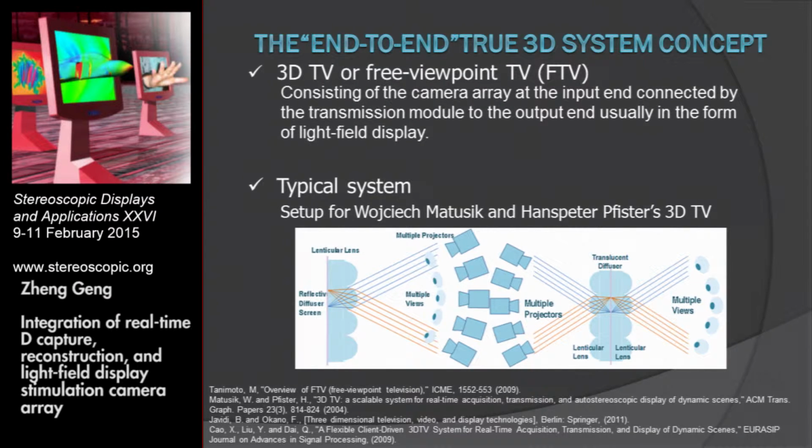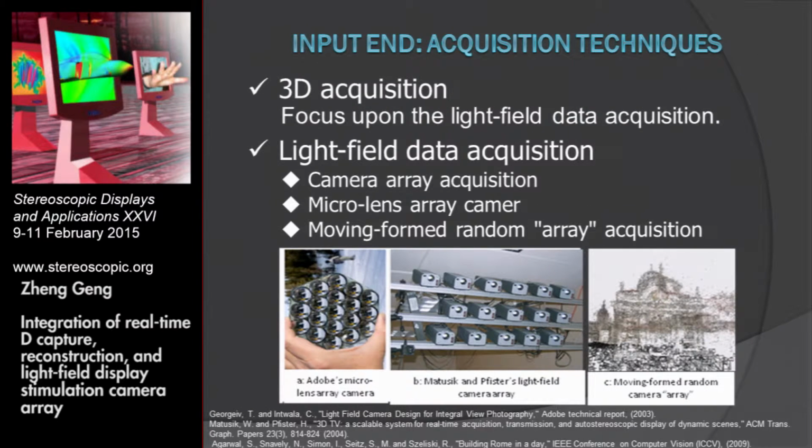The realizations from the reference papers are listed here, but not limited to them. One realization is 3D TV or free viewpoint TV, consisting of the camera array as the input, connected by the transmission module to the output, usually in the form of a light field display. And there is a typical system, from MERL and Fraunhofer's three-dimensional TV.